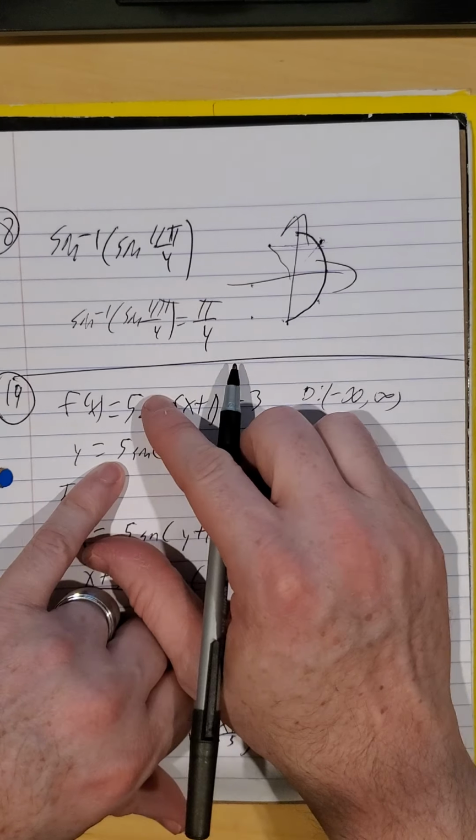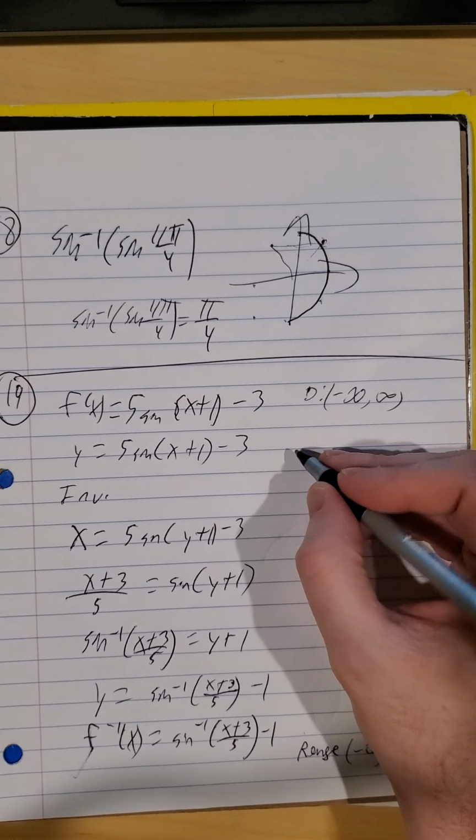Times 5, now we're at -5 to 5, and drop it down 3.